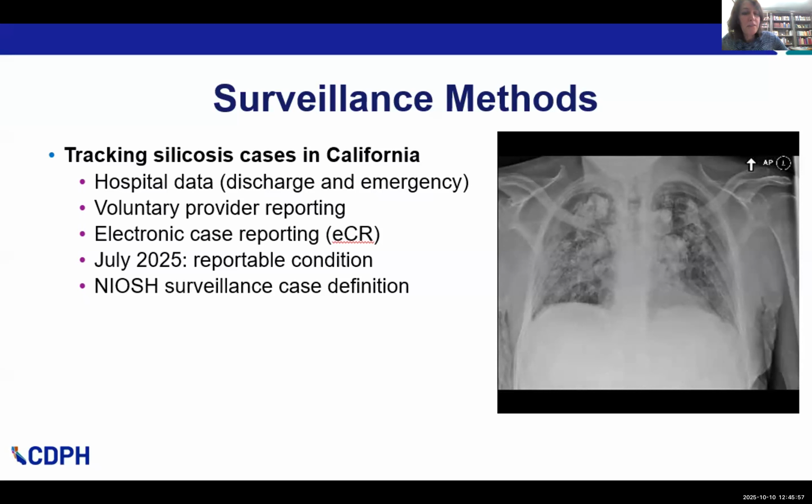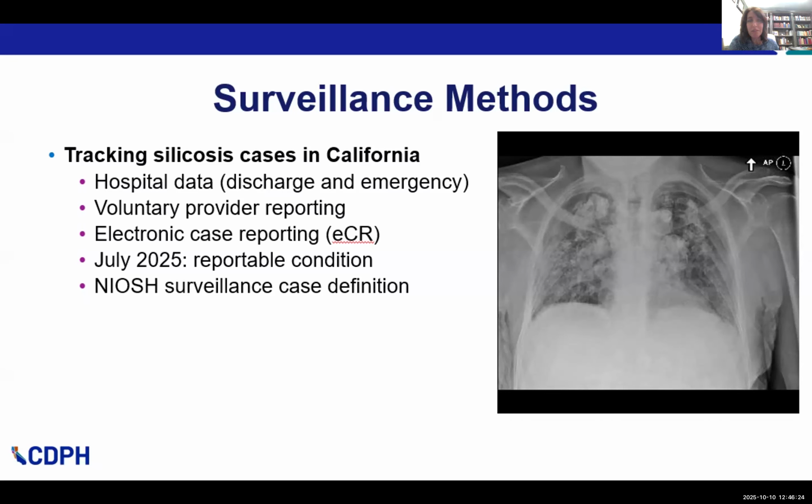We've advocated for and succeeded in adding silicosis to the state's list of reportable conditions as of this July. Meaning that at this time and moving forward, it is actually the law in California that cases of silicosis have to be reported to public health. And that's an unusual thing to be on the list of reportable diseases.